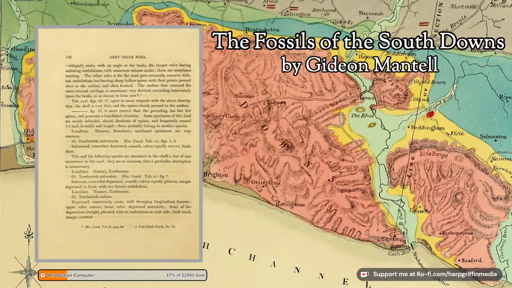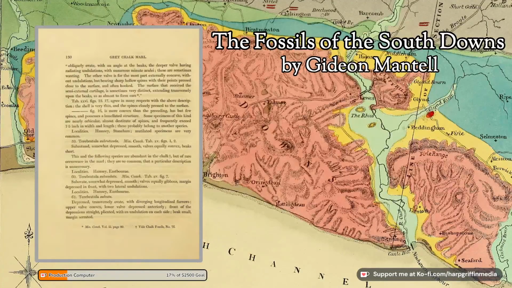Localities: Hamsey, Eastbourne. 60. Terebratula subundata, Mineral Conchology, tablet 15, figure 7. Subovate, somewhat depressed, smooth, valves equally gibbous, margin depressed in front, with 2 lateral undulations. Localities: Hamsey, Eastbourne.